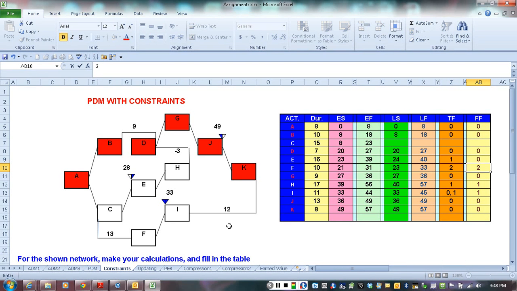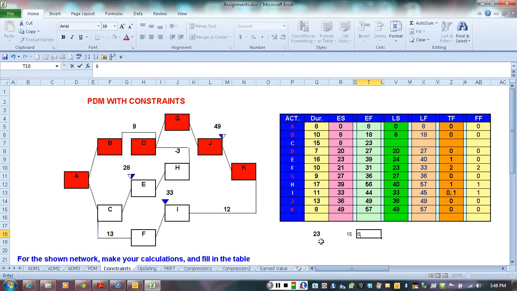And finally, looking at activity C, on the way back from E we have 23, from F we have 21, so we have 23 here at the end, and the duration of C is 15. From E we have 23 minus the duration, which is 15, so the late start of activity C coming from E is going to be 23 minus 15, which is 8.